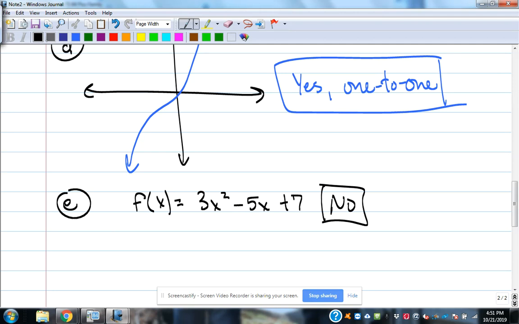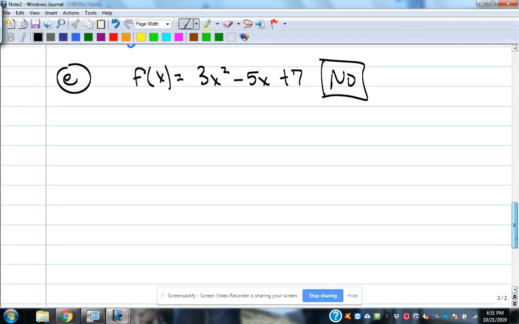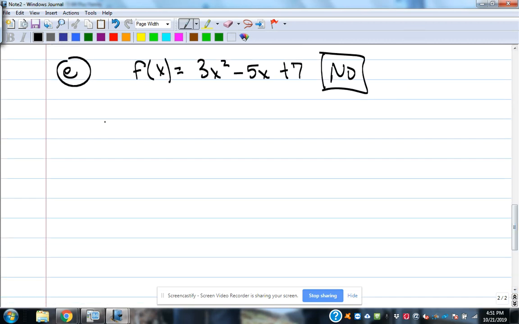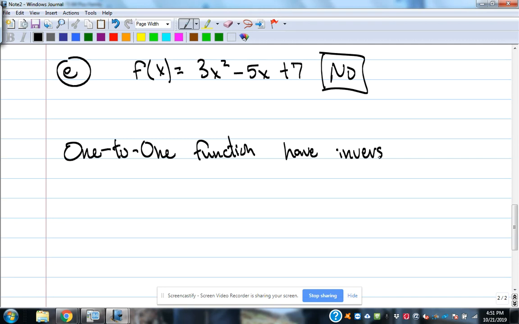Now, one-to-one functions, what's the point? Well, go back to the title of the lesson: inverse functions. One-to-one functions have inverse functions. Other functions can have inverses, but their inverse may not be a function.